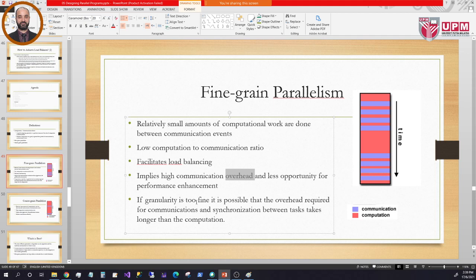If granularity is too fine, it's possible that the overhead required for communication and synchronization between tasks takes longer than the computation. Okay, is that clear, guys? So here, let's say we run this task as a serial program, and it spends 30 minutes.